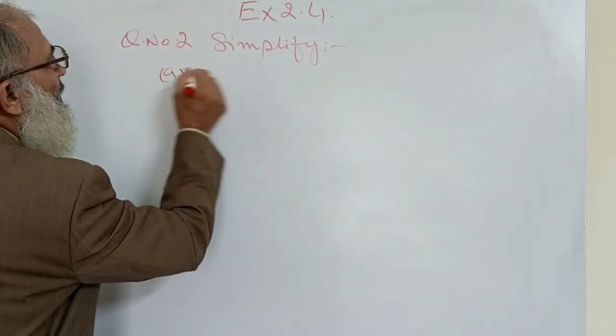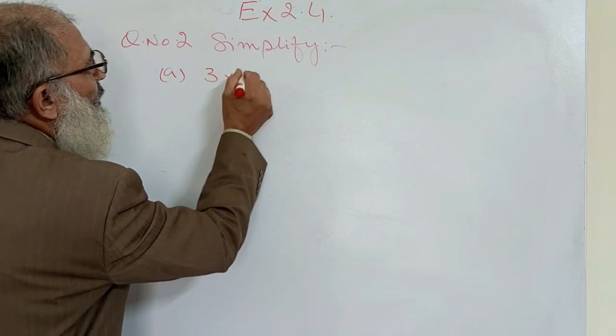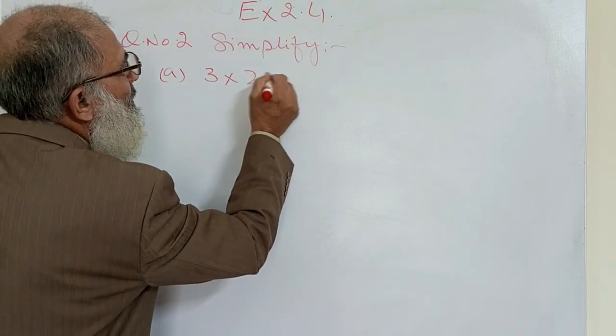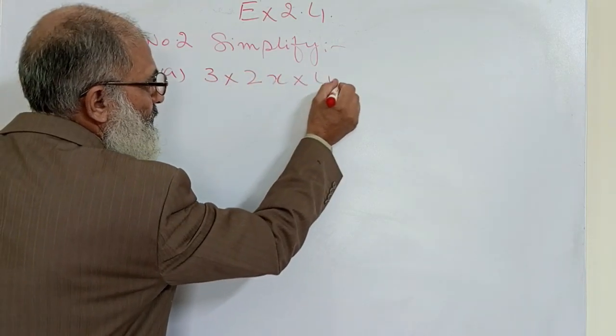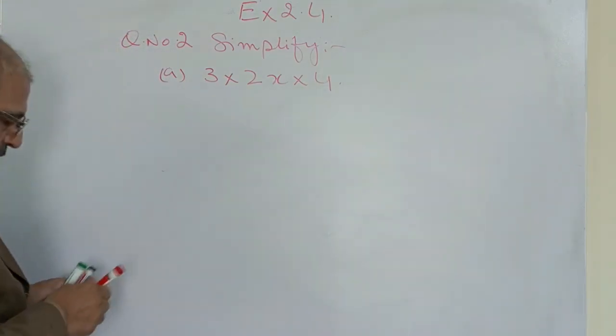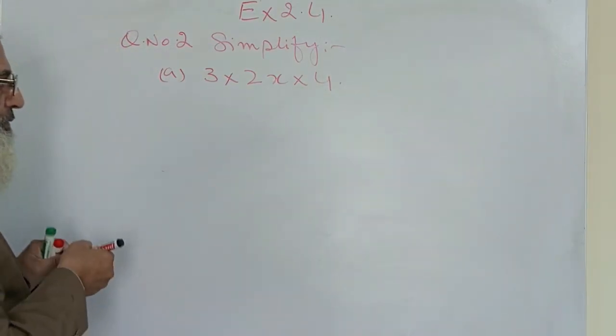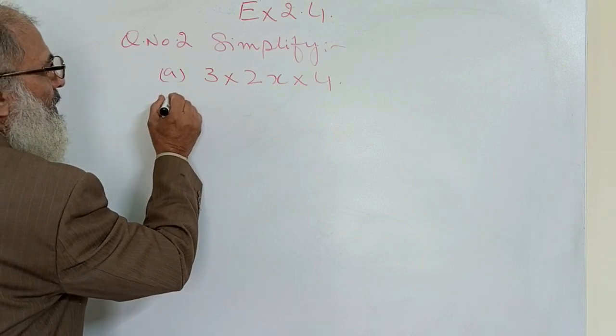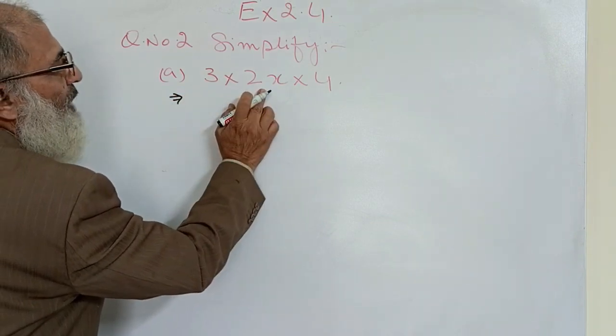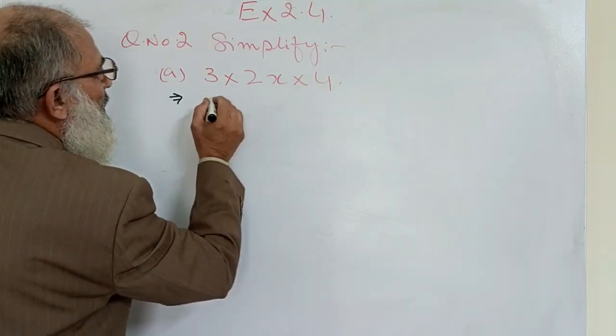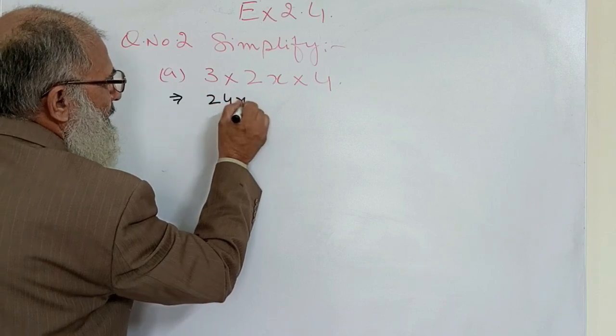This is part A. Very simple. It will become 3 times 2 is 6, 6 times 4 is 24, and x is the answer.